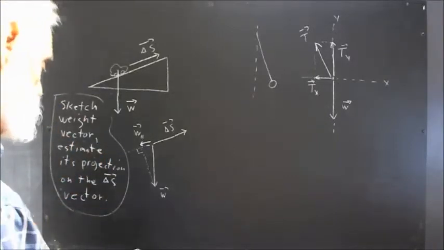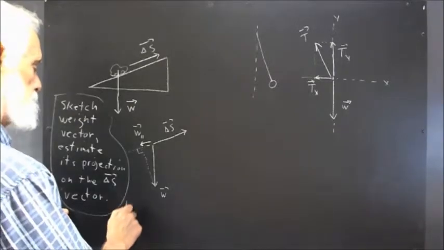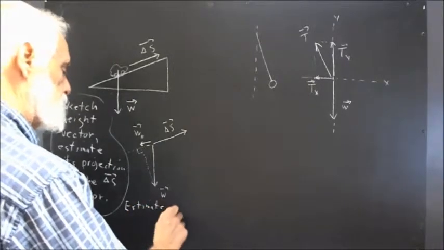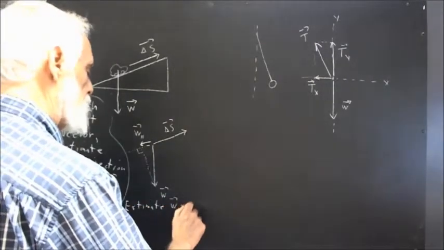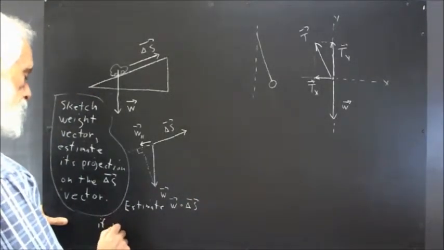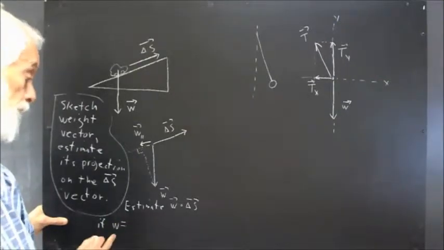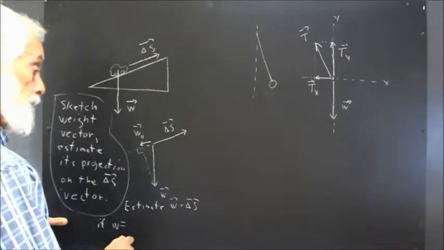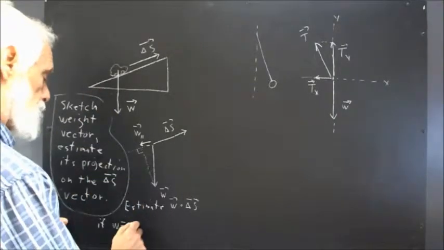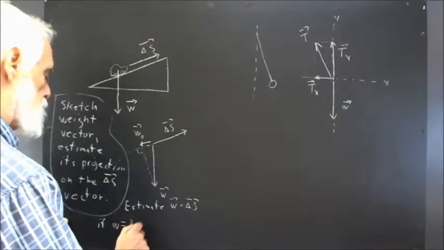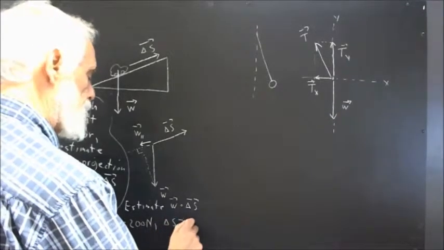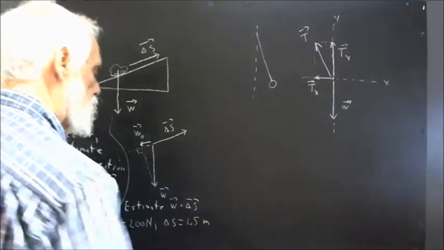Now let's say I want you to estimate W dot delta S if the magnitude of W, without the absolute value sign, is for that cart, let's say it's a heavier car than we've been using, let's say it's 200 newtons, and delta S equals 1.5 meters.